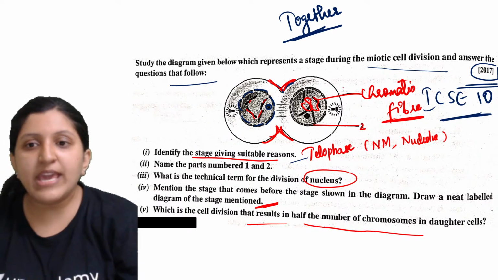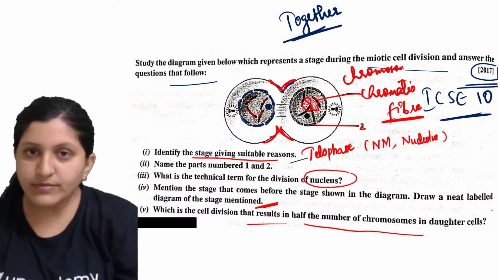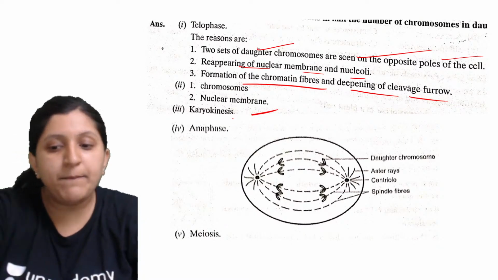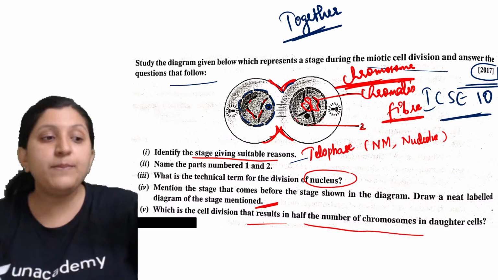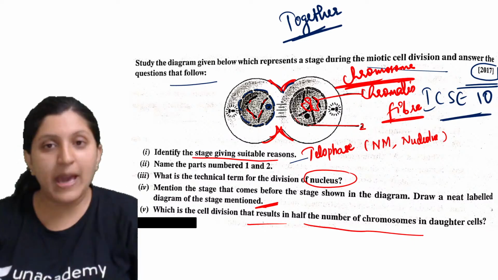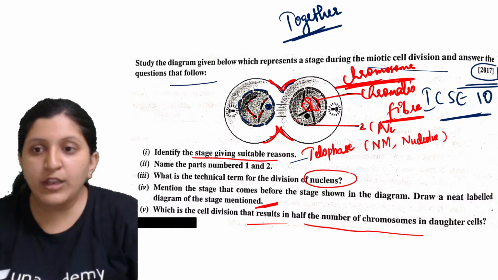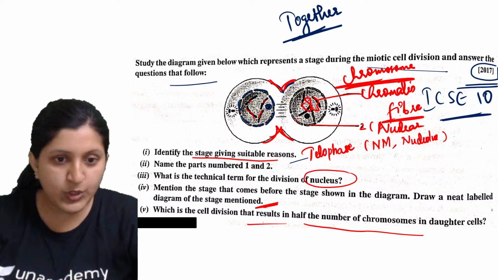Early telophase, if we see, there is a chromosome itself. Based on that, the nuclear membrane is here, the one that disappears in the prophase. Here it has reappeared. So this second part is basically a nuclear membrane.